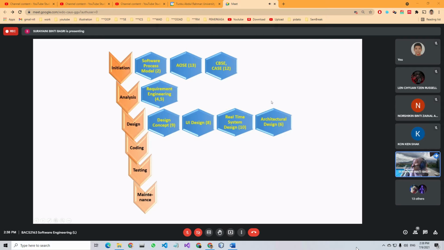And after this, next week, we will learn about real-time system design. And this one is what we learned previously, the architecture design. So remember the organization structure that we have learned.